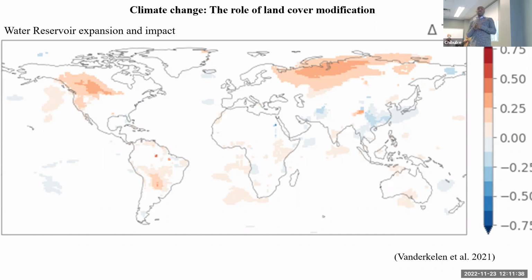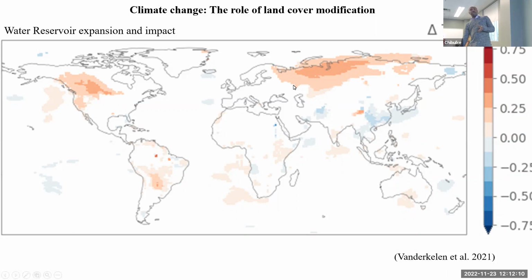But there's a recent study that just came out examining the impact of water reservoir expansion globally. If you look here, the authors, Van Dijk and co-authors, used a climate model to simulate the impact of having more reservoirs across different countries around the globe.